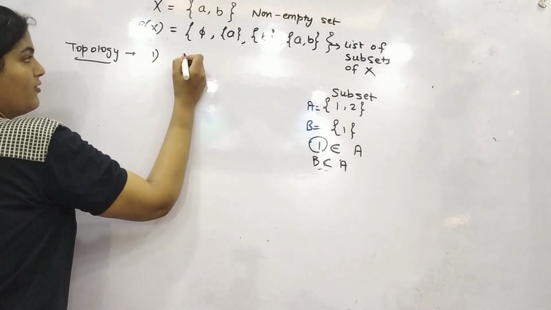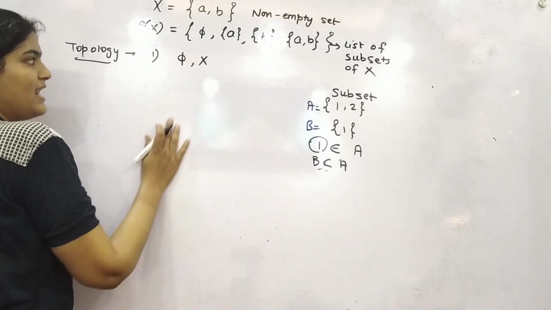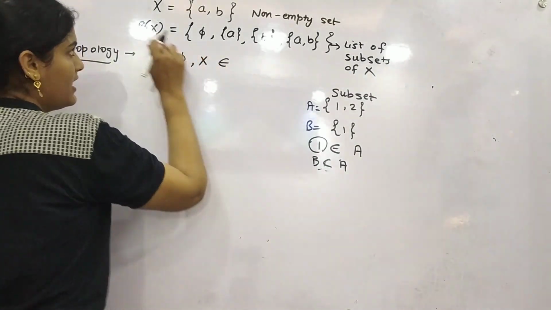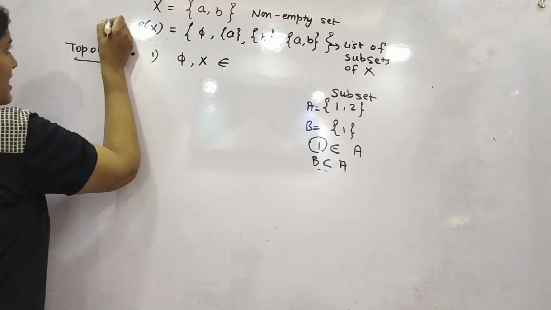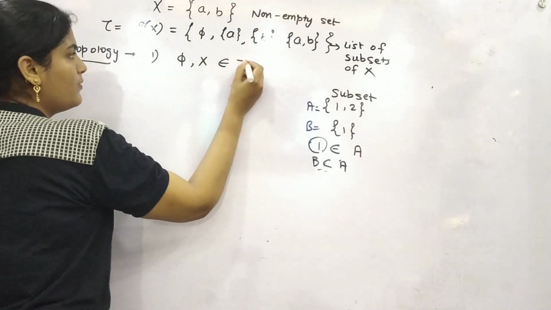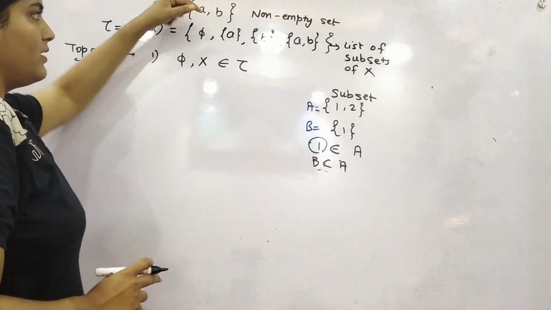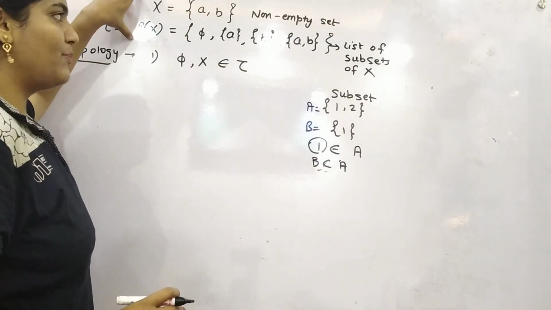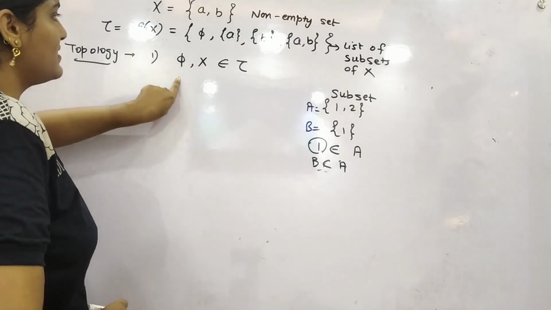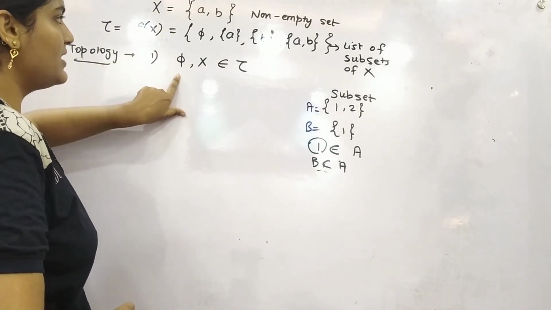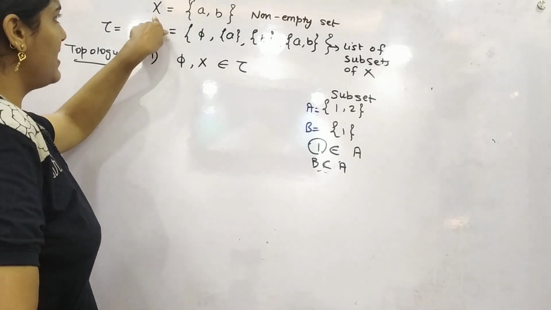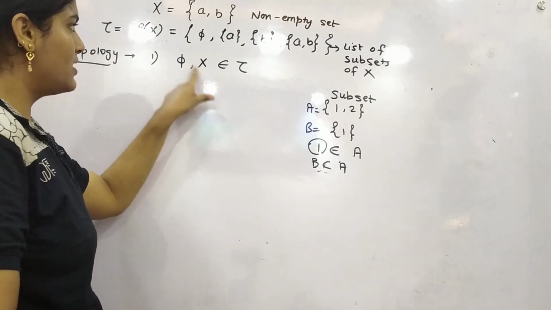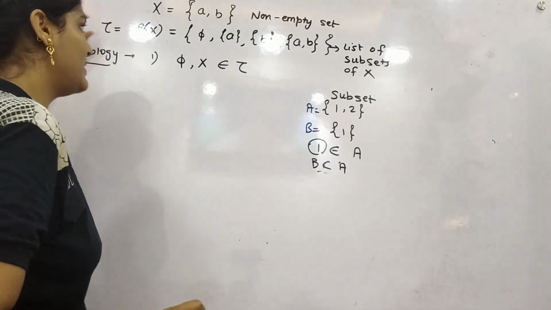First, phi and the whole set X should be in that topological set, let's say tau, if it is a topology. Let us take an example of this only. Does this satisfy the first condition? Is phi there? Yes. Is X there? X is AB. Yes. So the first condition is satisfied by this set.